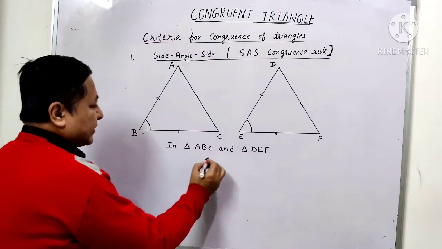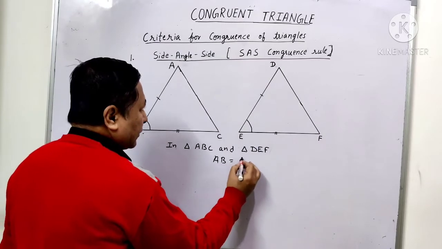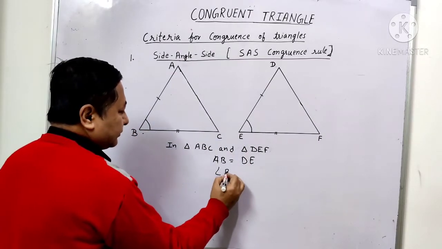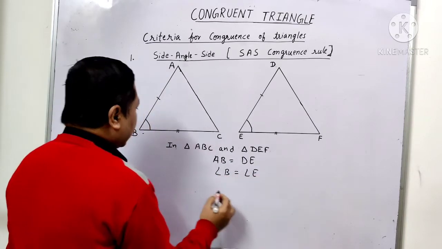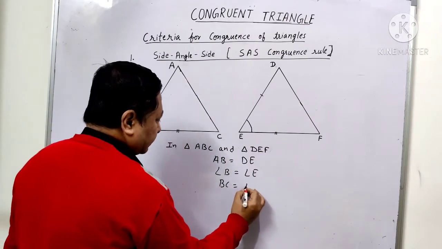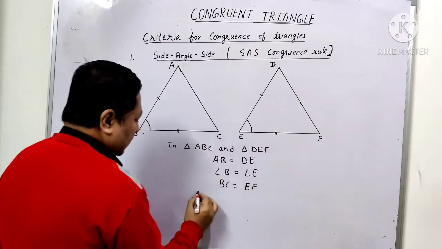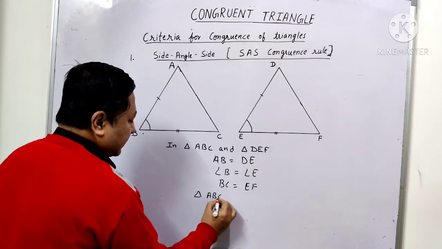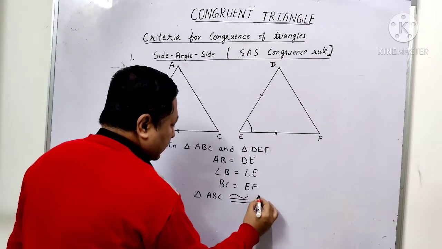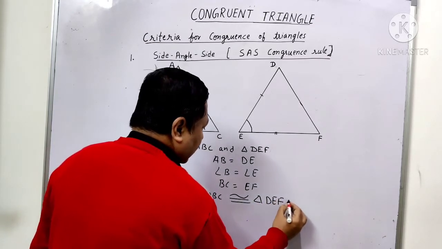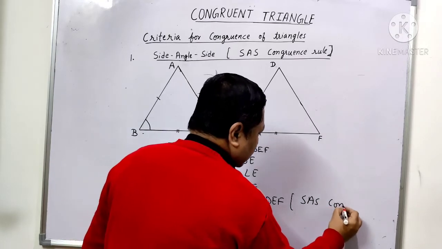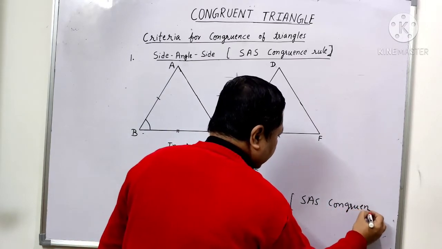Now in this, AB is equal to DE, angle B is equal to angle E, and the third is BC is equal to EF. Now triangle ABC is congruent to triangle DEF by the rule known as the SAS congruence rule.